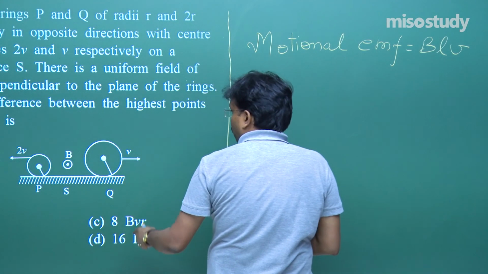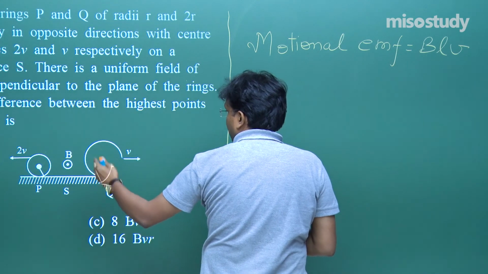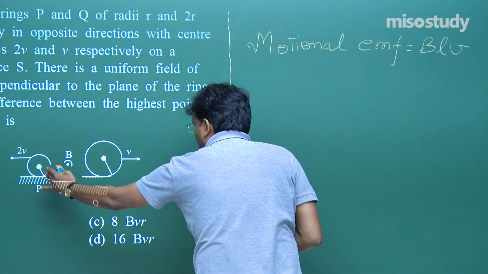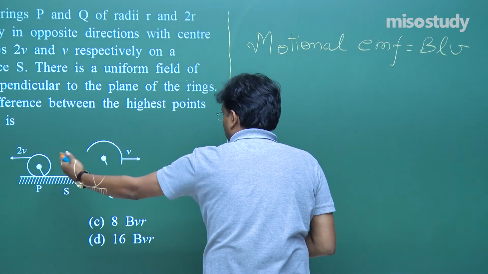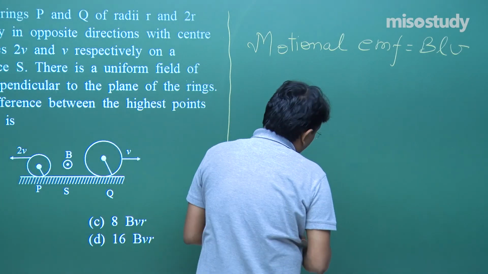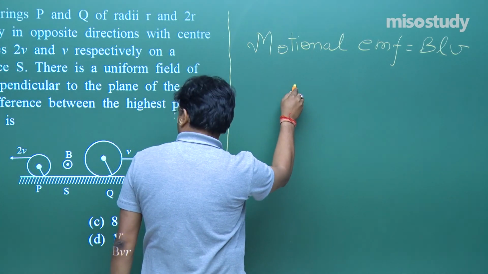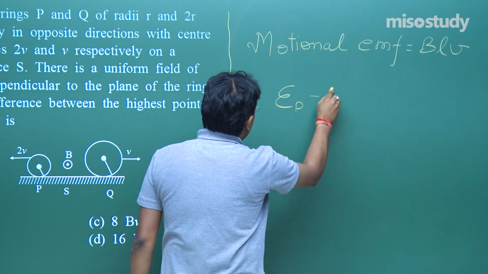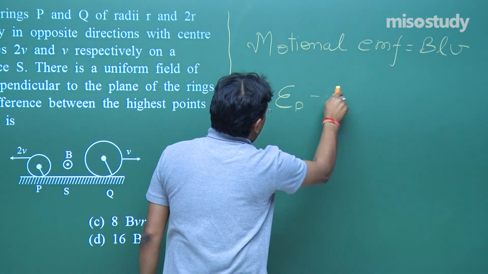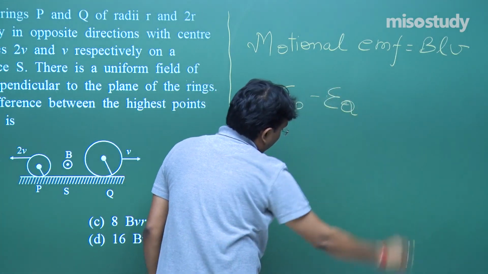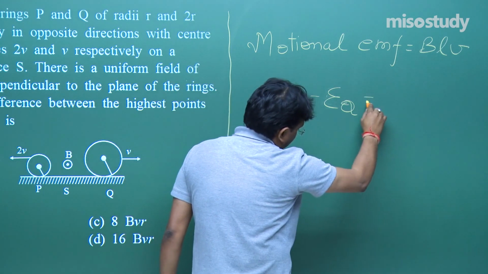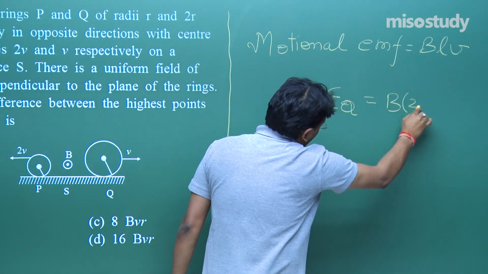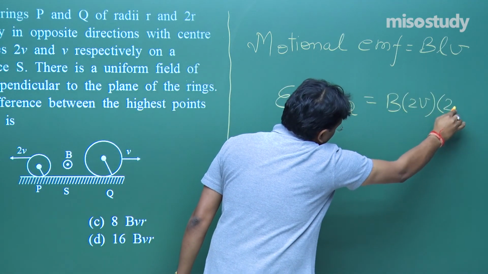Now, one is the smaller circular conducting ring, another is the bigger one. So, EP minus EQ, that is B into 2V into 2R.